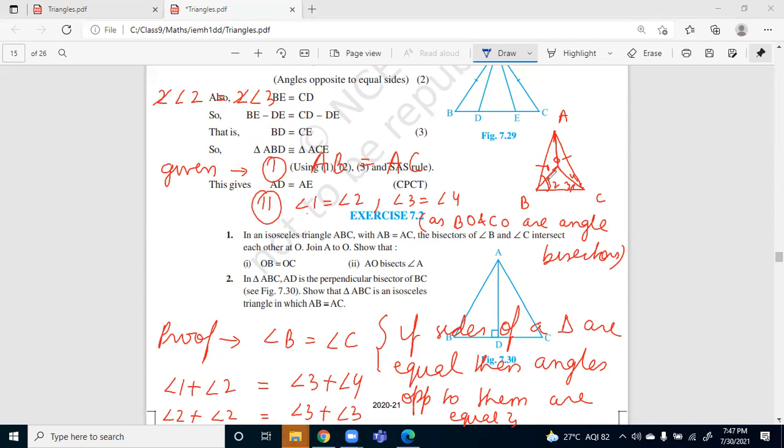In triangle OBC, two angles are equal, so the sides opposite to them will also be equal. Then I can write: if angles are equal in triangle OBC, then sides will also be equal. Therefore, OB is equal to OC.